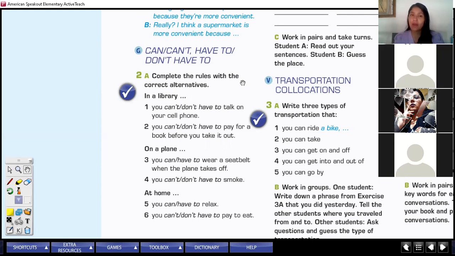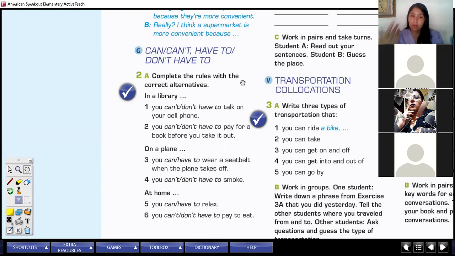Even though in their affirmative versions they may be opposite, in the negative ones they are different. Can't means that it is something prohibited, something not allowed. And don't have to means that if you want to do it, it's okay, but if you don't do it, nothing happens.